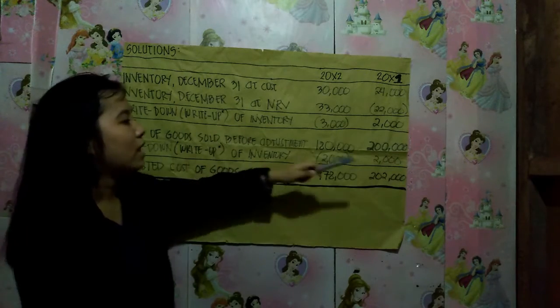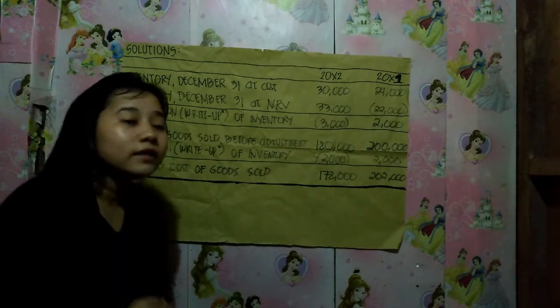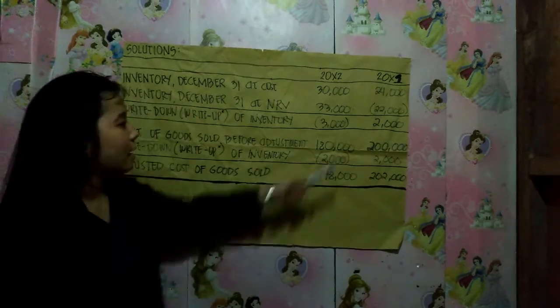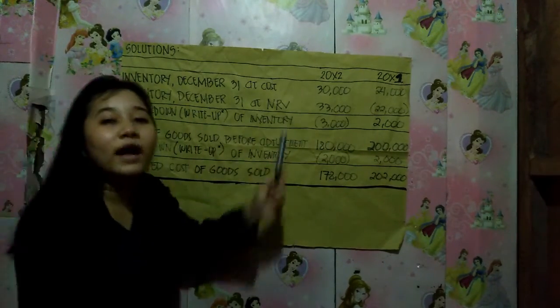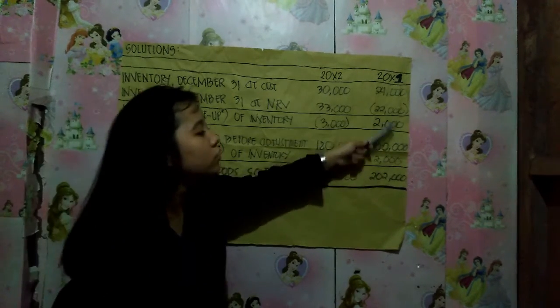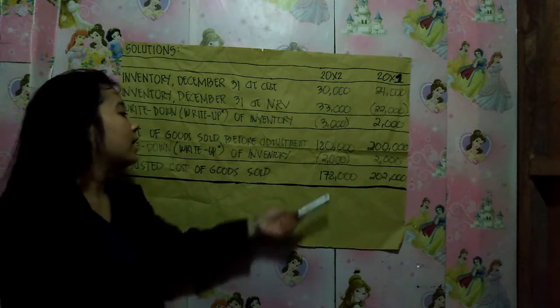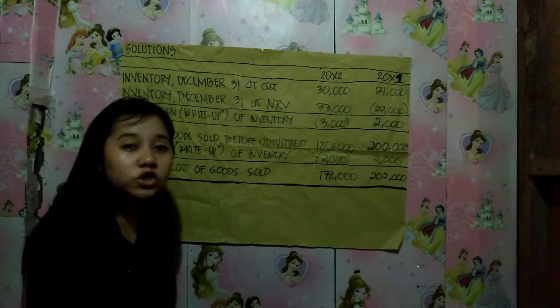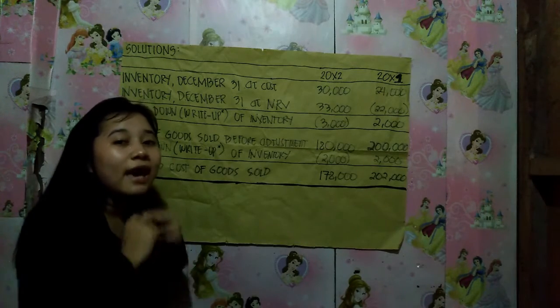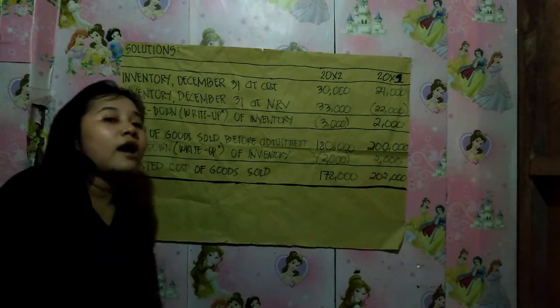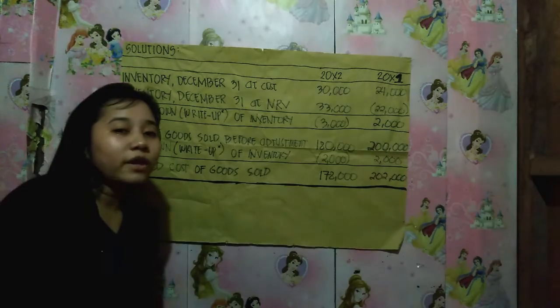So, we just write for 20x1, 200,000. Then, we add the write down of inventory of 2,000. Then, that gives us 202,000 adjusted cost of goods sold in 20x1. So, that is the answer for the cost of goods sold in 20x1.